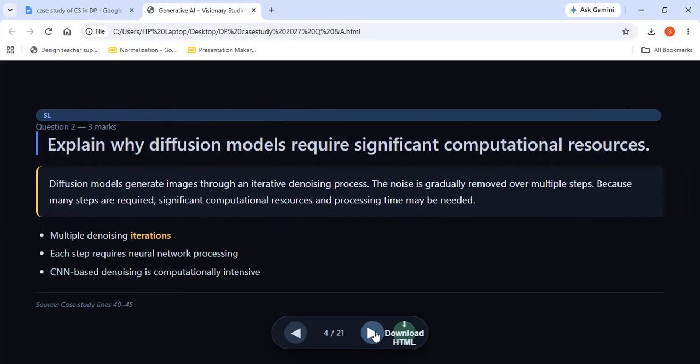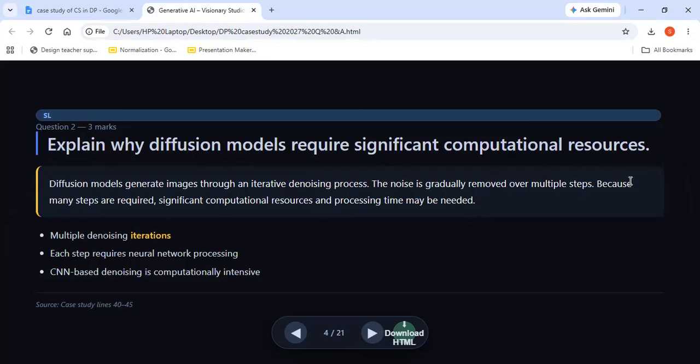Explain why diffusion models require significant computational resources. Since this denoising process is continually done millions of times, the noise is gradually removed in multiple steps.